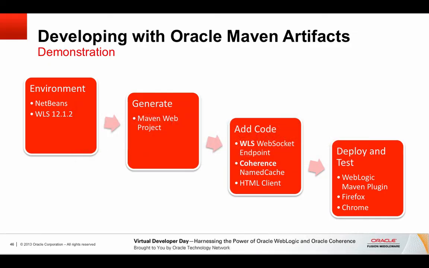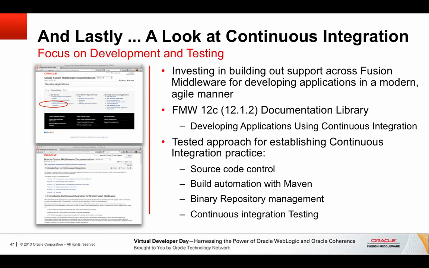Okay, let's finish up. Given our focus on Maven, continuous integration, and supporting agile development frameworks, as of the 12.1.2 release we've produced a new piece of our documentation library. It's a book called Developing Applications Using Continuous Integration.